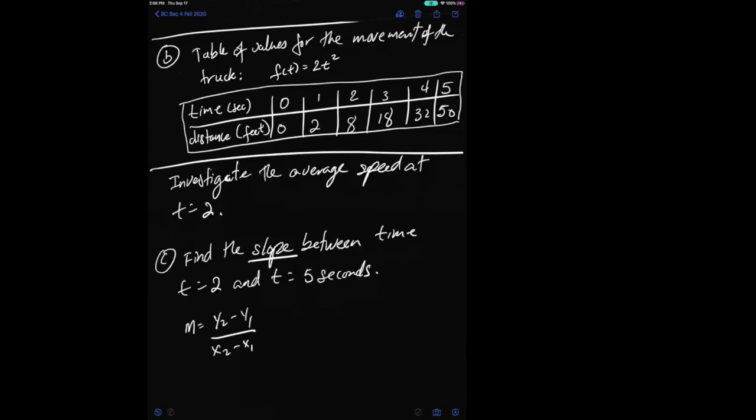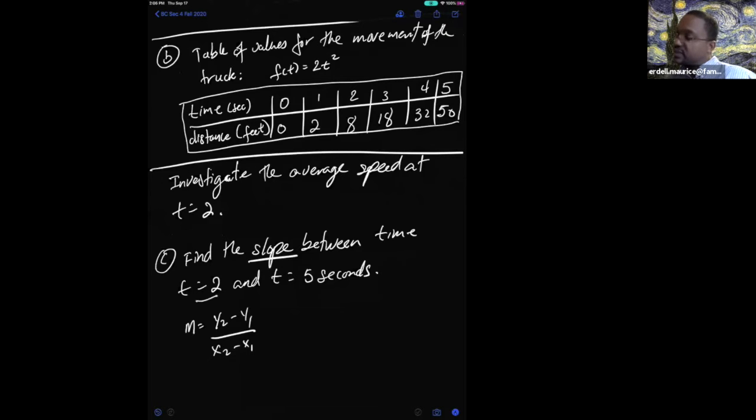And at t equals 2, that's my first point. At this point, when the time is 2, the distance is 8.